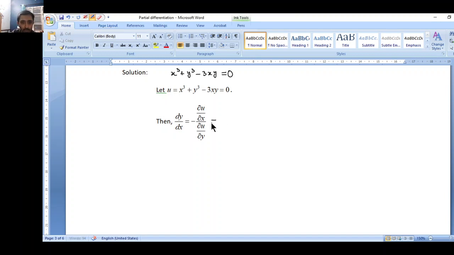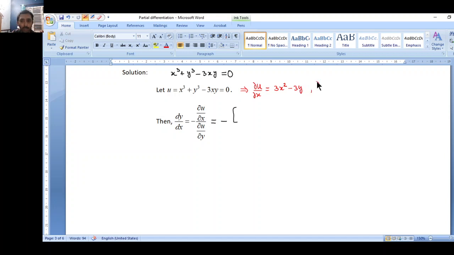So this is going to be equal to, how do we find this? Now what is dou u by dou x? U is x cube plus y cube minus 3xy. So if this is u, dou u by dou x is going to be, yes, this should be 3x square minus, this is 0 when differentiated, and the next term would be 3y, correct?